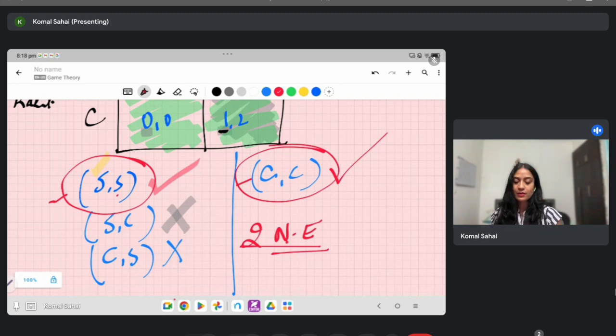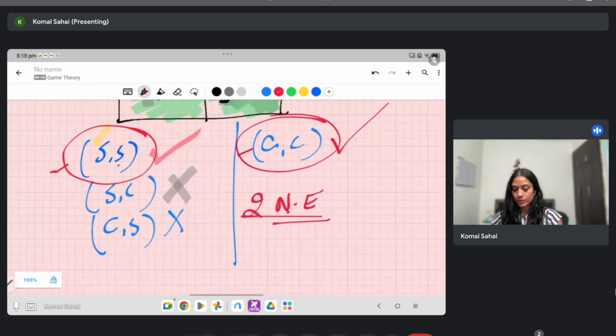Okay, so this is a kind of situation which is asymmetric in terms of the payoffs that it accrues to every player. It is asymmetric in terms of the preferences of the players, right? But this is still in equilibrium. Both of them are equilibrium. Okay, now let's go to the third example.